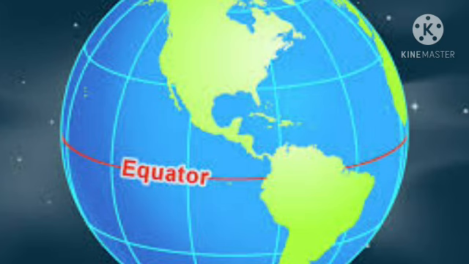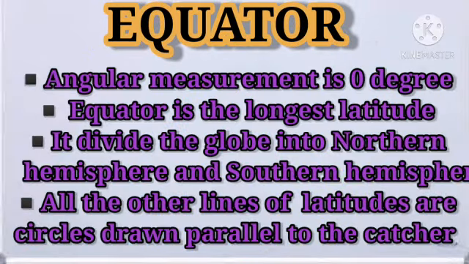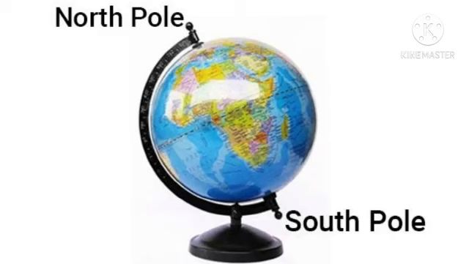You can see another image here. This line of latitude is called the equator. The angular measurement of the equator is 0 degree. Can you see the 90 degree north and 90 degree south of the equator, are they circles?